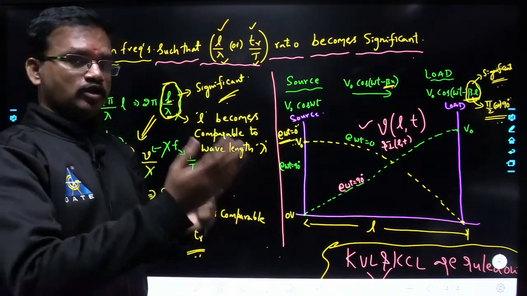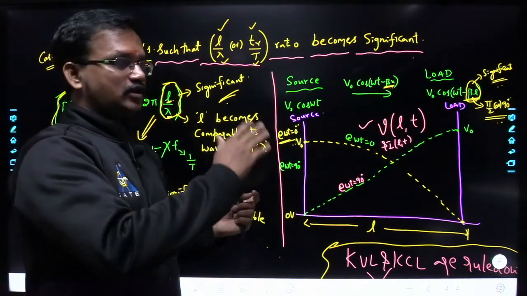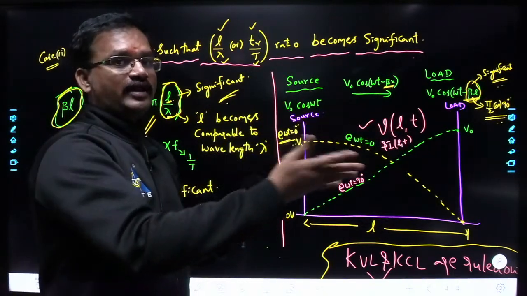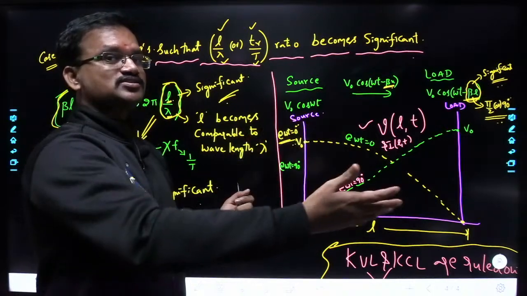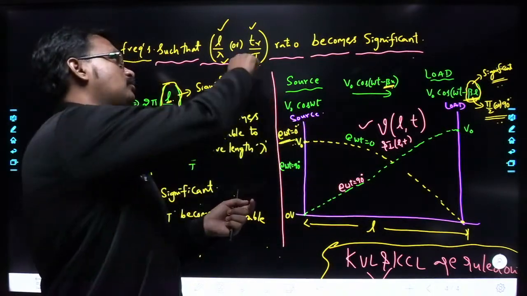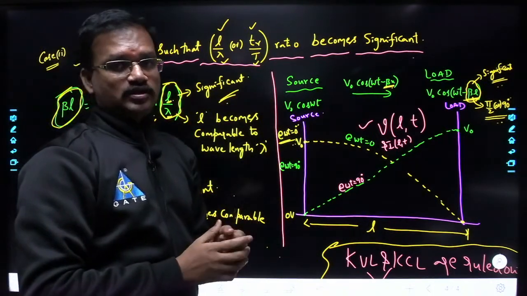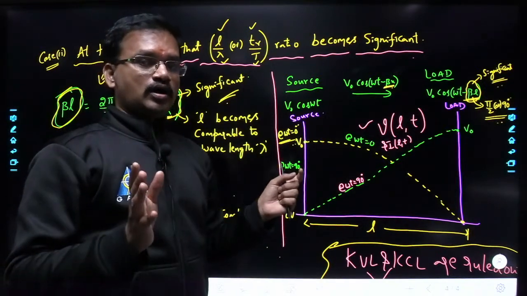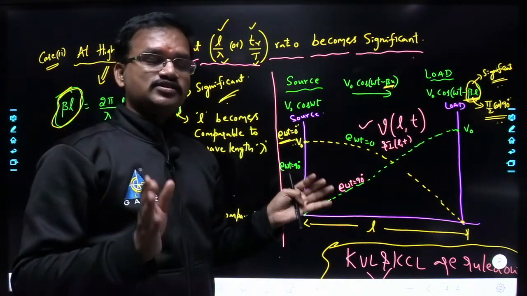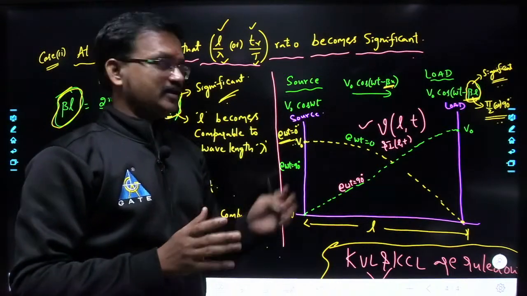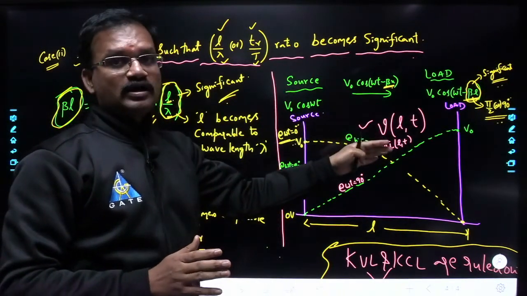That means you have to include the time taken by the signal to travel from source to load. You cannot neglect that, because this TR becomes comparable to the time period of the signal, and hence the transit time effects will come into picture.